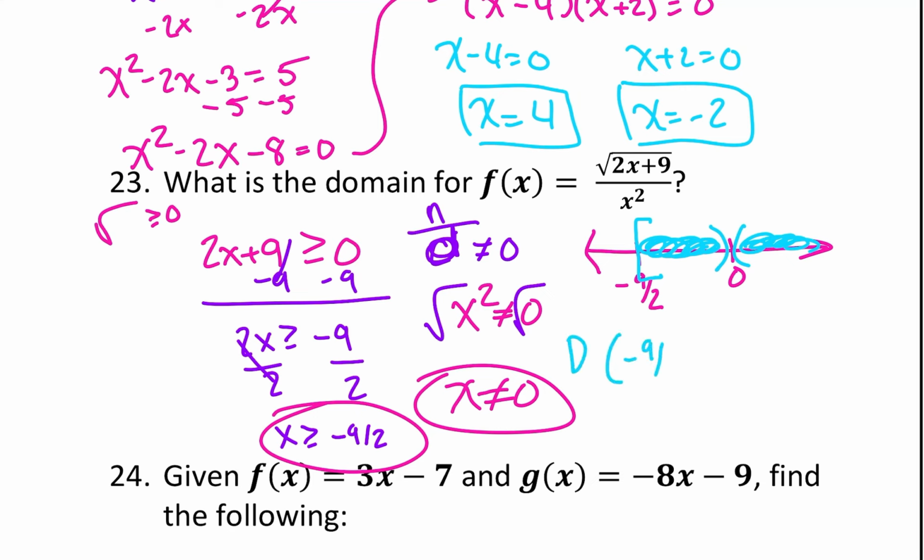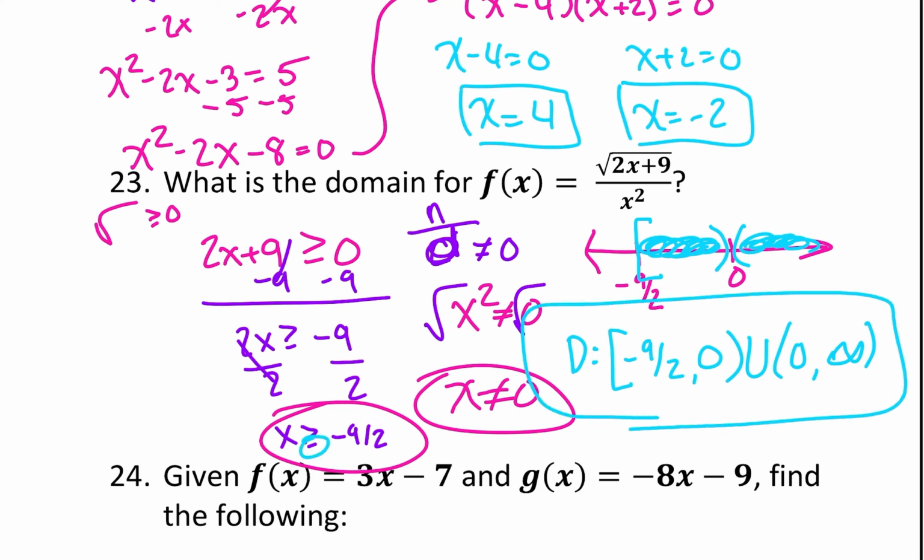So it looks like my domain is, put a D in front there. Domain is negative 9 halves to 0, union 0 to infinity. I did something wrong there, didn't I? This, we already said, was a bracket because we're allowed to equal negative 9 halves because it's got the equal sign right here. So bracket negative 9 halves to 0, union 0 to infinity.